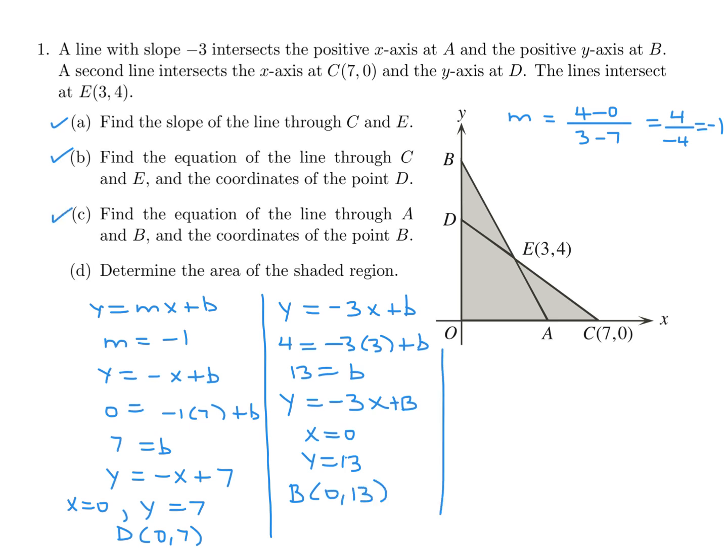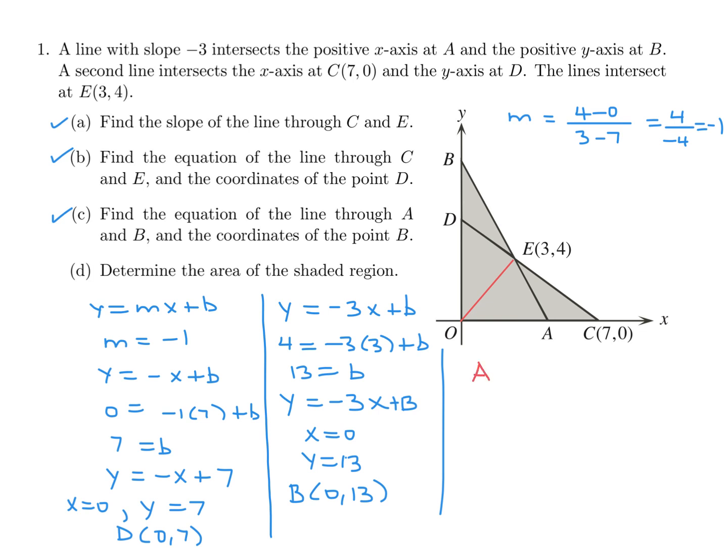And finally, D, determine the area of the shaded region. I think we can get it by cutting it in half like that, and then I'll explain how. Two triangles.